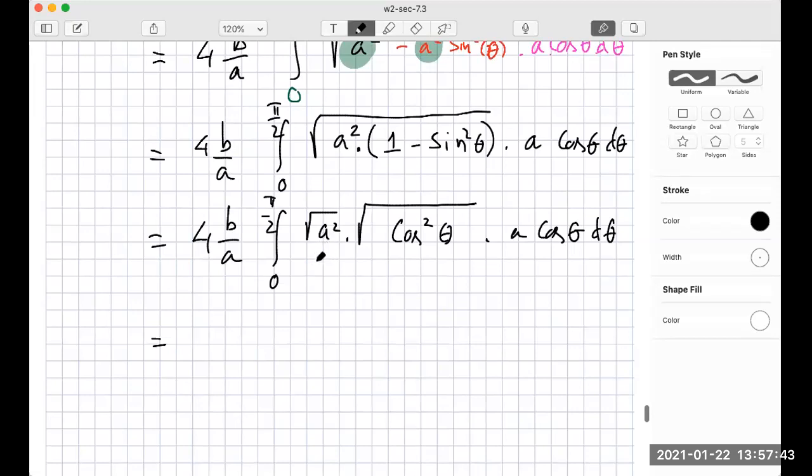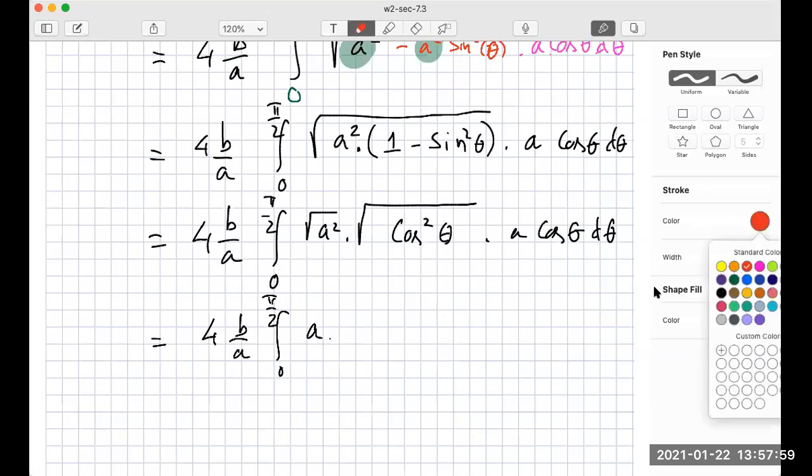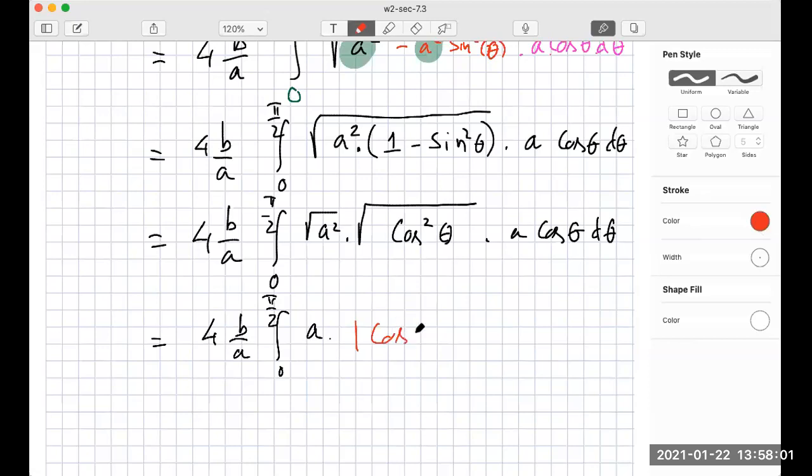Square root of a squared would be a. And here, we take out of the square root something squared. It should be an absolute value, cosine theta here, right?